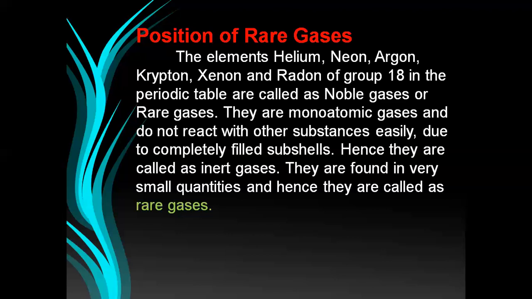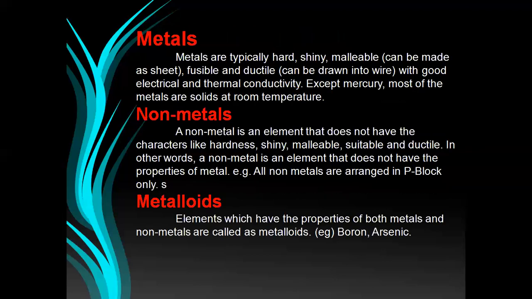Next, we have discussed that, based on their uses, elements are classified into metals, non-metals, metalloids, and alloys. First, metals. Metals are typically hard, shiny, malleable, ductile, fusible, and good conductors of electricity.